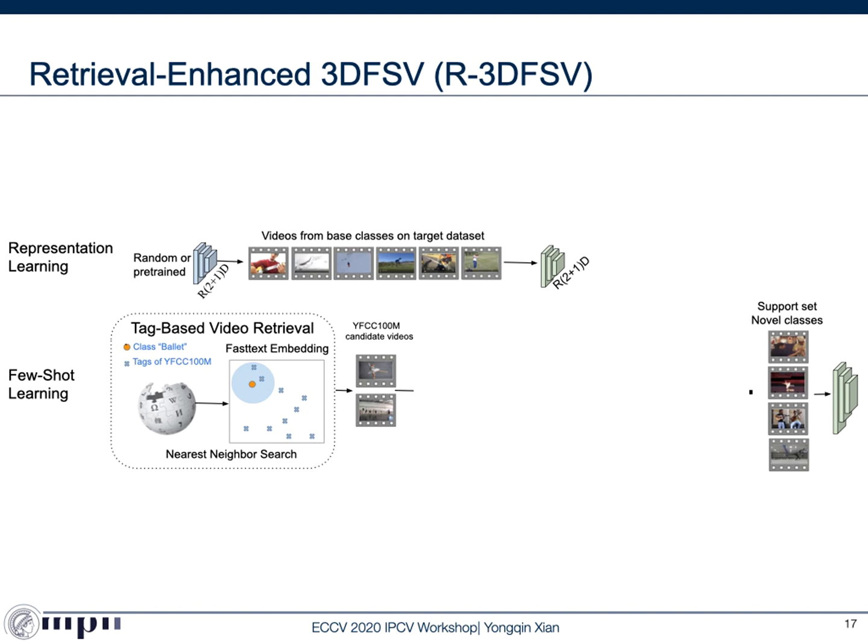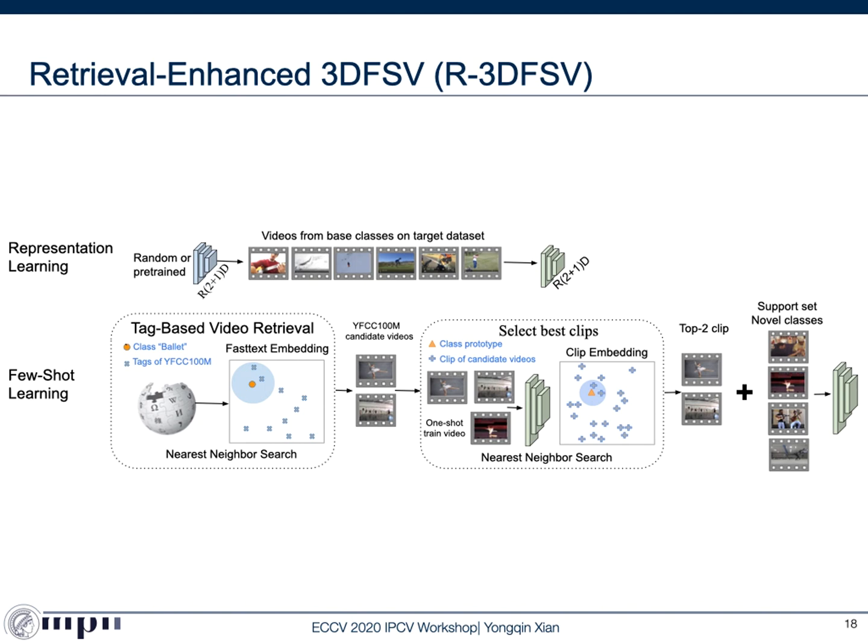However, those retrieved candidate videos can be quite long and include a large number of irrelevant frames. Therefore, we propose to select the best top K 16-frame clips from those candidate videos with visual similarities by comparing the video clip embeddings extracted from the fine-tuned R(2+1)D. We combine the retrieved video clips with the few-shot training videos to learn classifiers for novel classes.